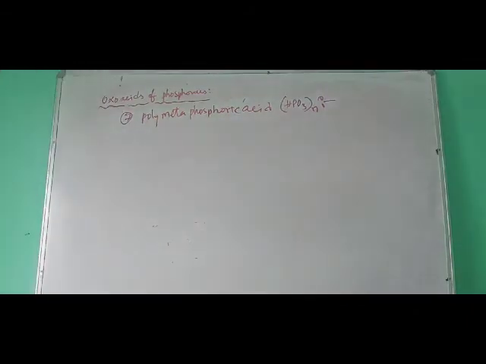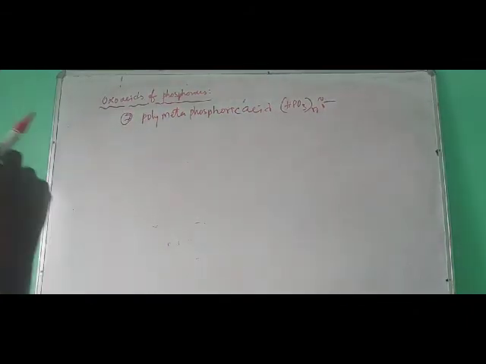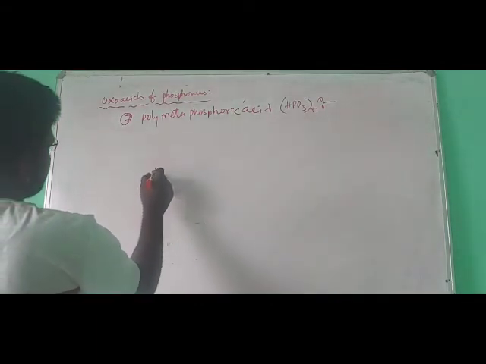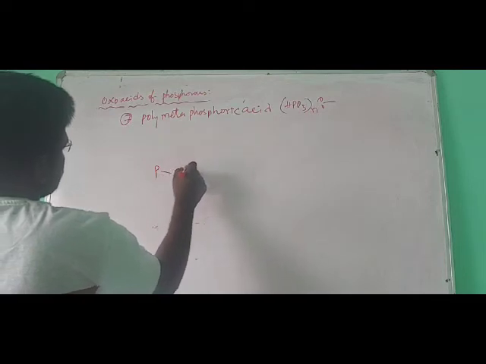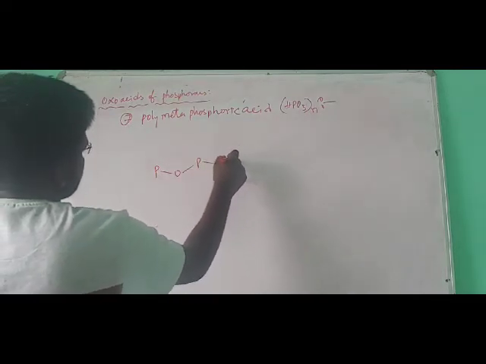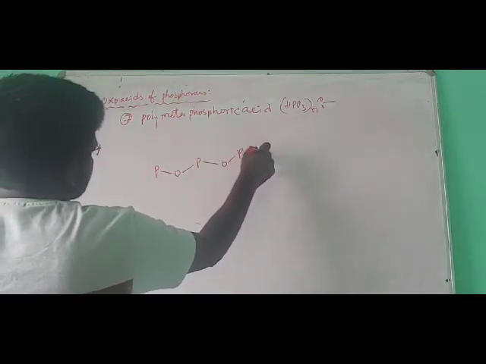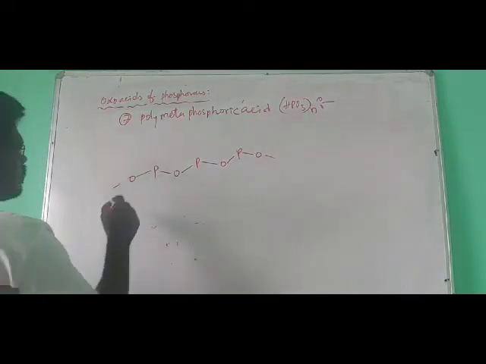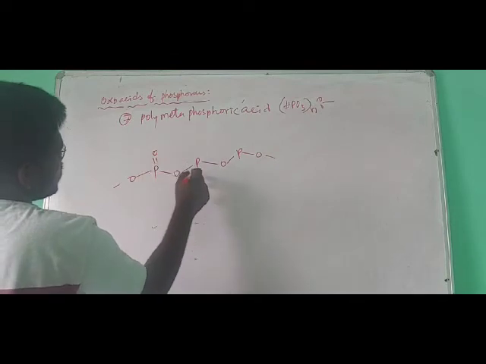And last one guys, polymetaphosphoric acid. So polymetaphosphoric acid structure, let me draw here. Now double bond group present.